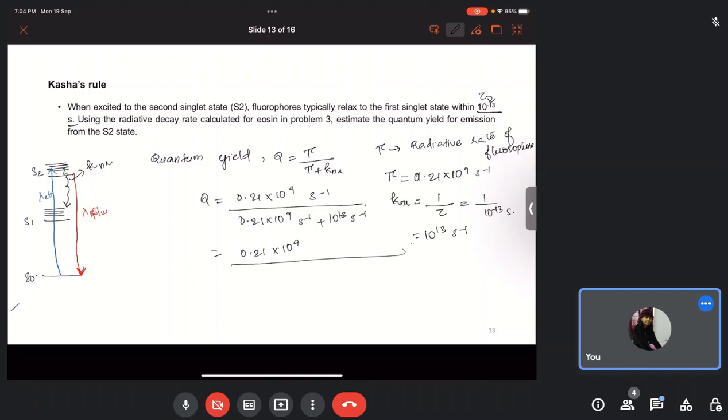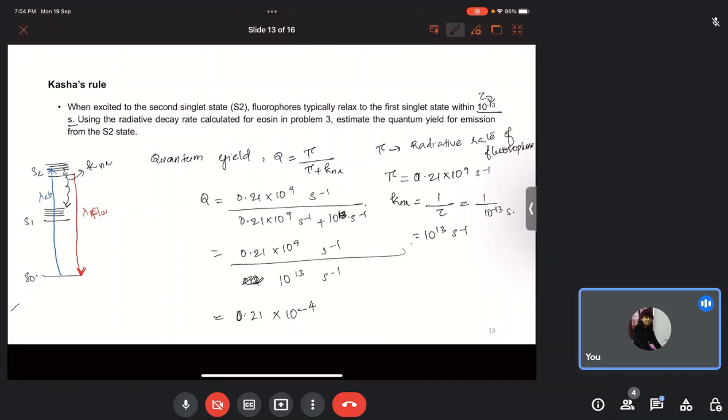We can see that there is a whole lot of difference in the order of magnitude, so we can take the denominator as 10 to the power 13 second inverse. So this is going to be 0.21 into 10 to the power 9 minus 13, which is about 10 to the power minus 4.